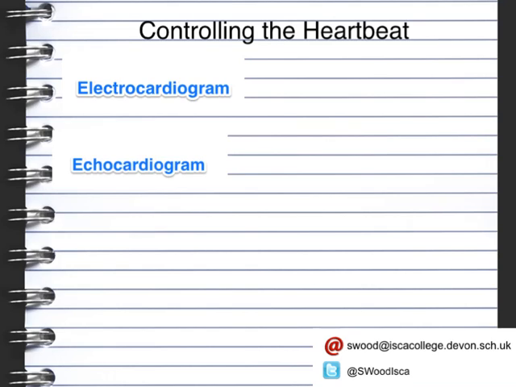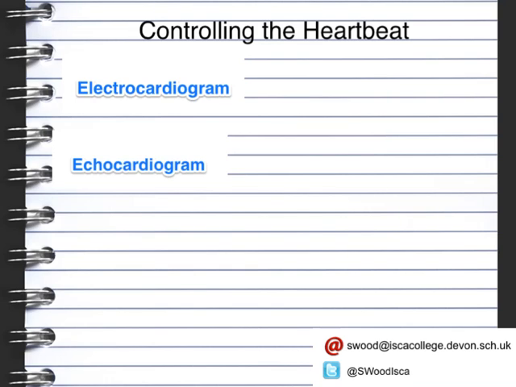What this does is it ultrasounds the heart, so we can actually get a picture of the beating heart. So an electrocardiogram will measure the electrical impulses, and an echocardiogram will measure or look at the heart beating.